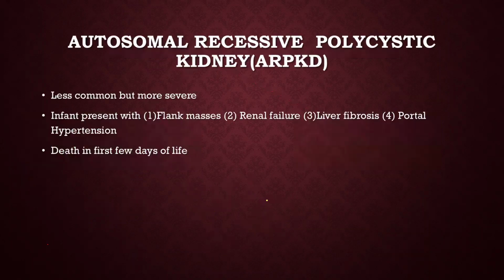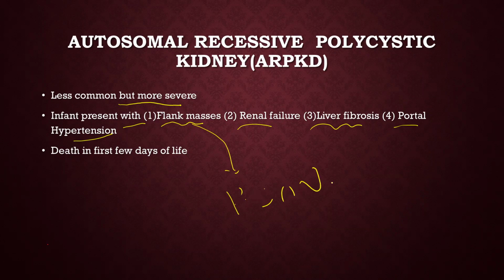Autosomal recessive polycystic kidney disease is a less common but more severe form. It typically presents in infants with flank masses, renal failure, liver fibrosis, and portal hypertension. These flank masses may also be detected on prenatal ultrasound as bilateral flank masses.